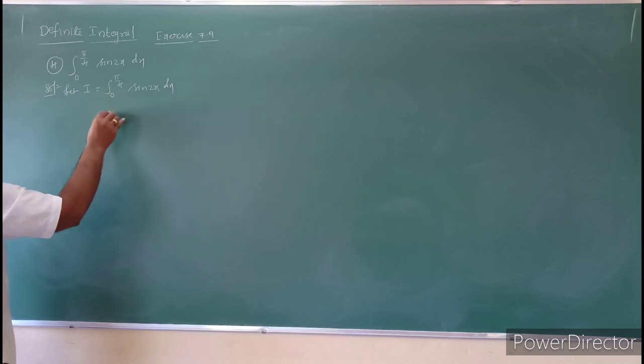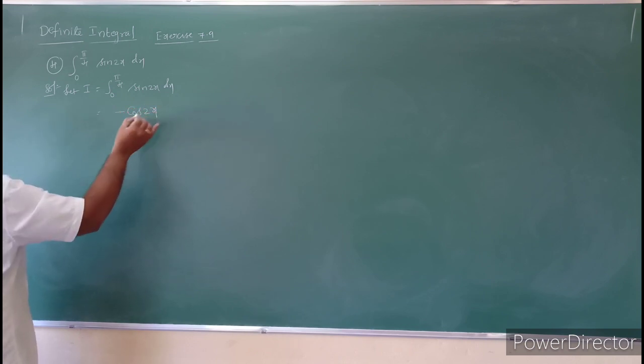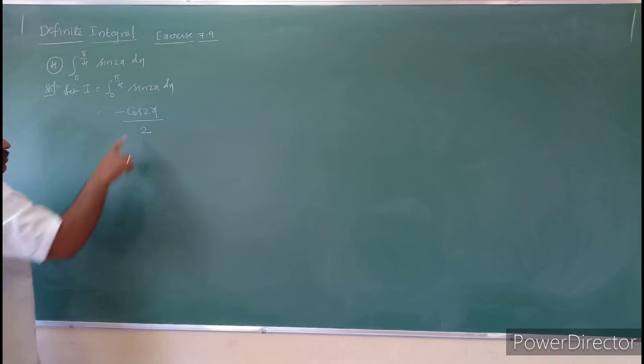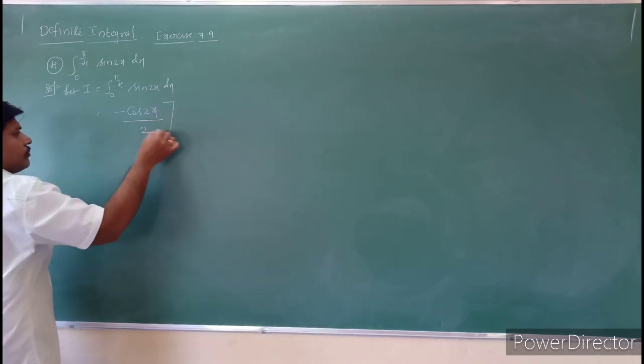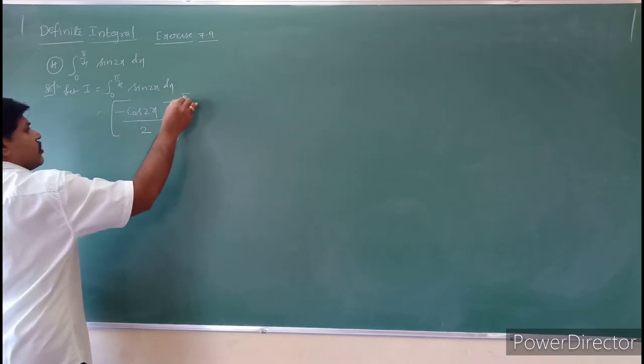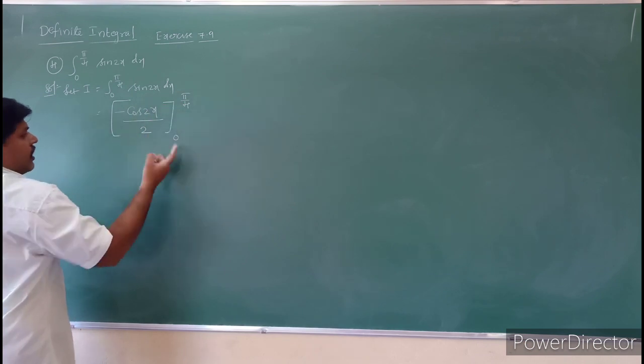So first apply the integration. Integral sine 2x is nothing but minus cos 2x by 2, since the derivative of 2x is 2, over the limits 0 to pi by 4. Then apply the upper limit, then apply the lower limit.